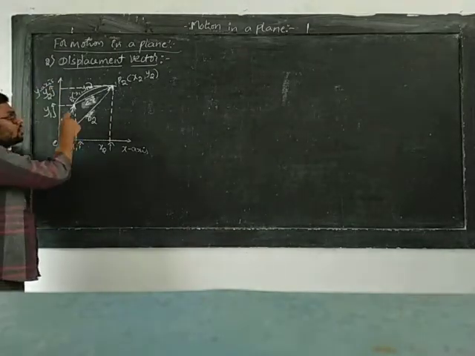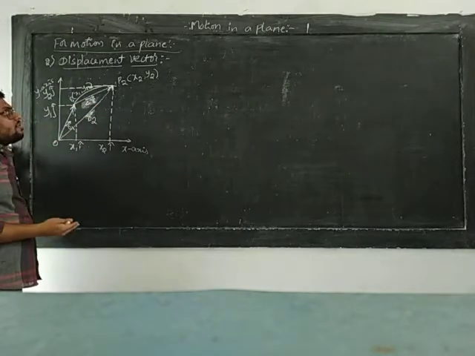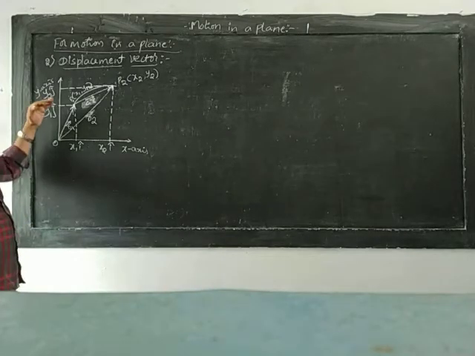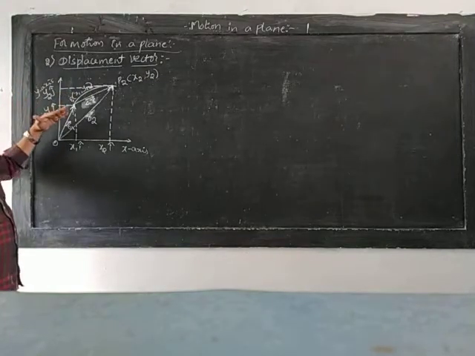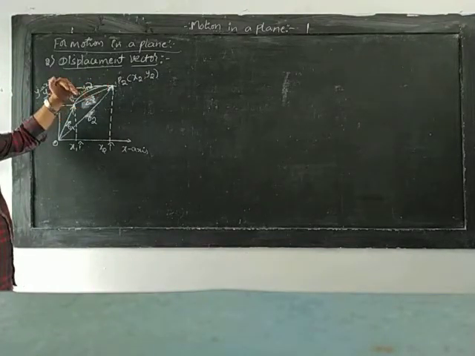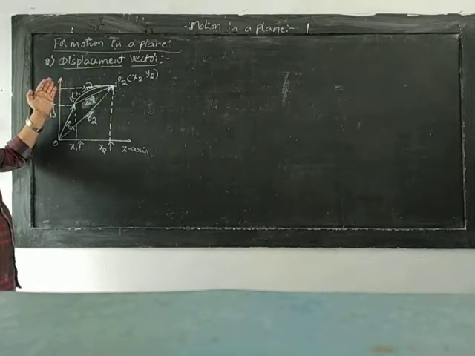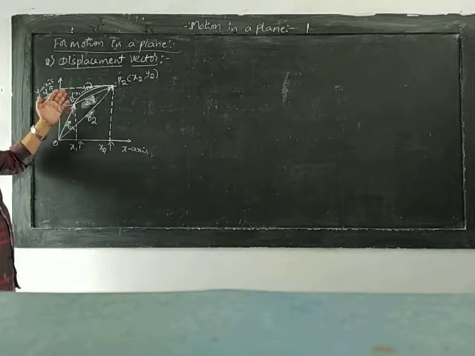Right? So now delta R is the displacement vector of a particle from P1 to P2. Then the displacement corresponds to both the x axis and y axis. If the particle is displaced in the xy plane, the displacement happens both along the x and y directions.